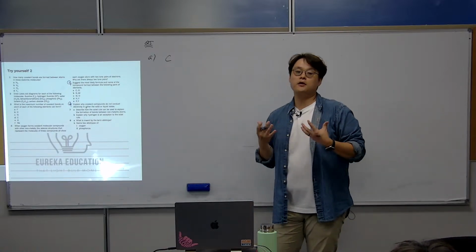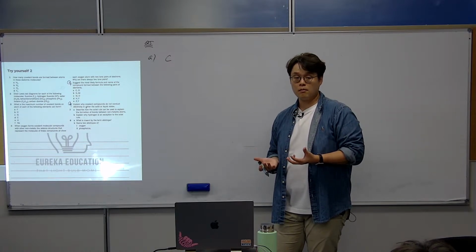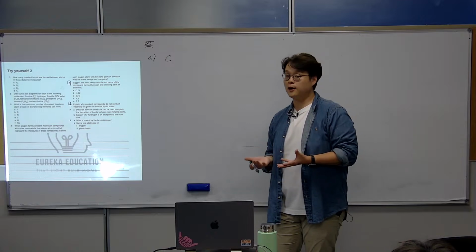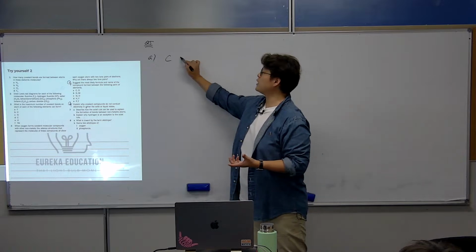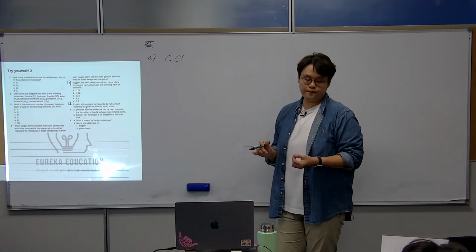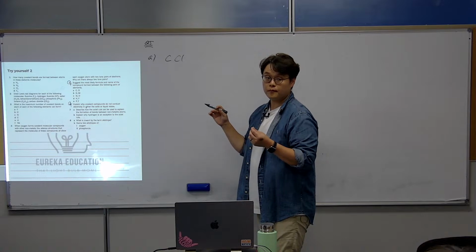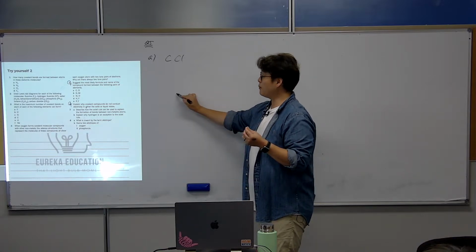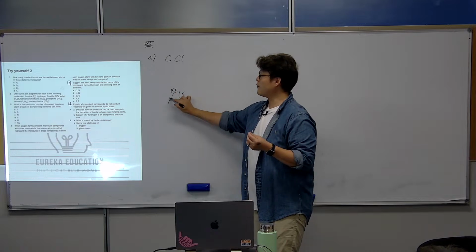How many covalent bonds can carbon form? 4. What about chlorine? Remember that chlorine has 7 valence electrons, so how many vacancies? It has 1.